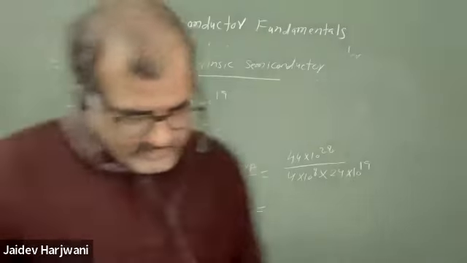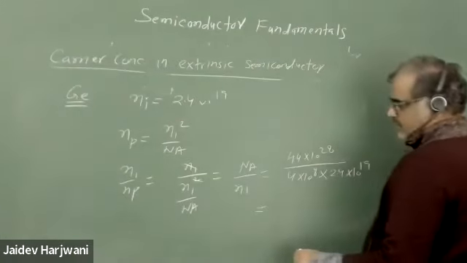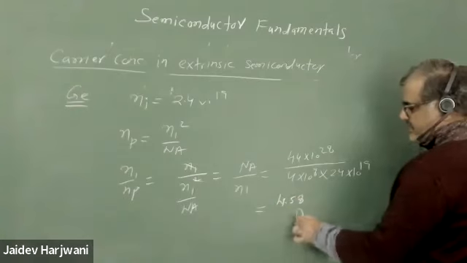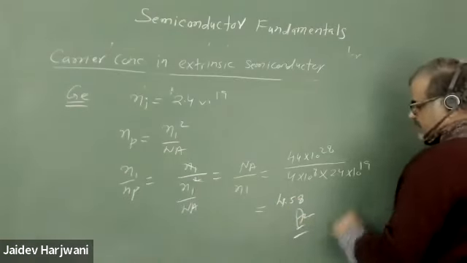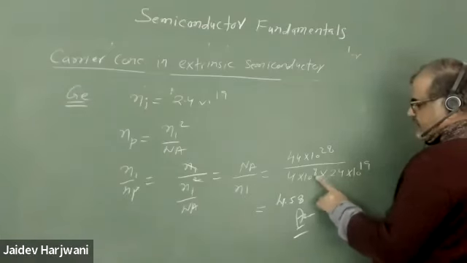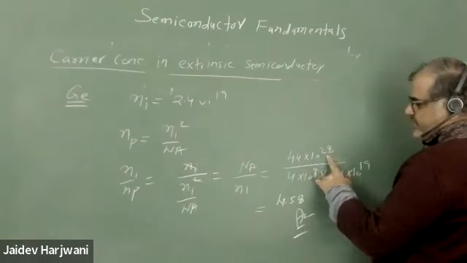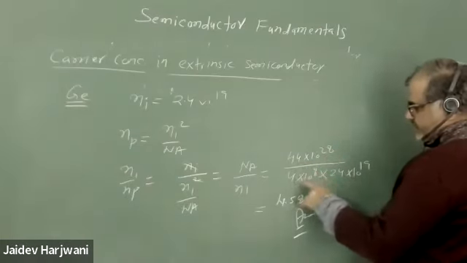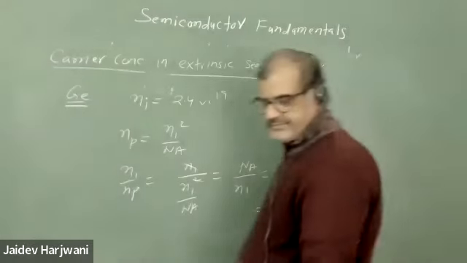4.58. Okay, 4.58 is the correct answer. You can check it. This is 19, this is 8, 27, so you will be left with only one power here. This has become 44. Now 44 divided by 4 is 11, 11 divided by 2.4, how much is coming?